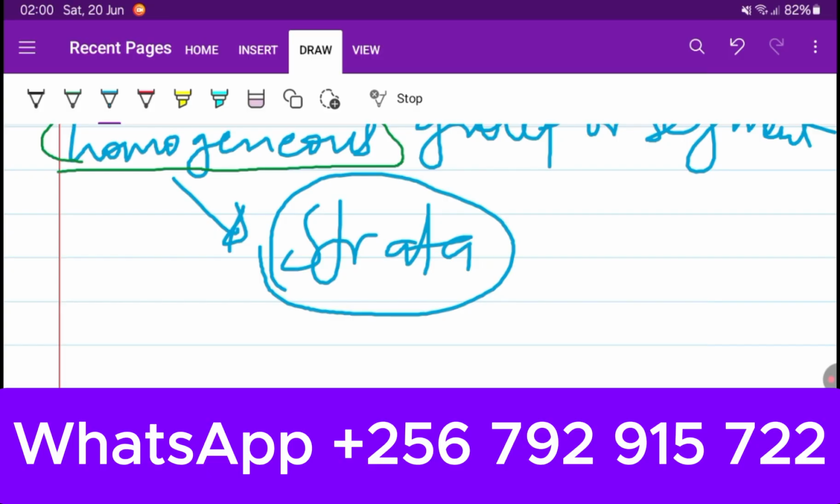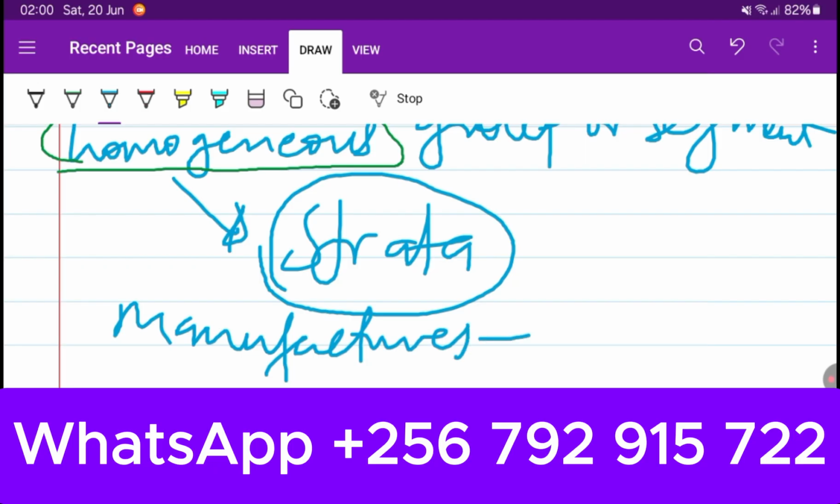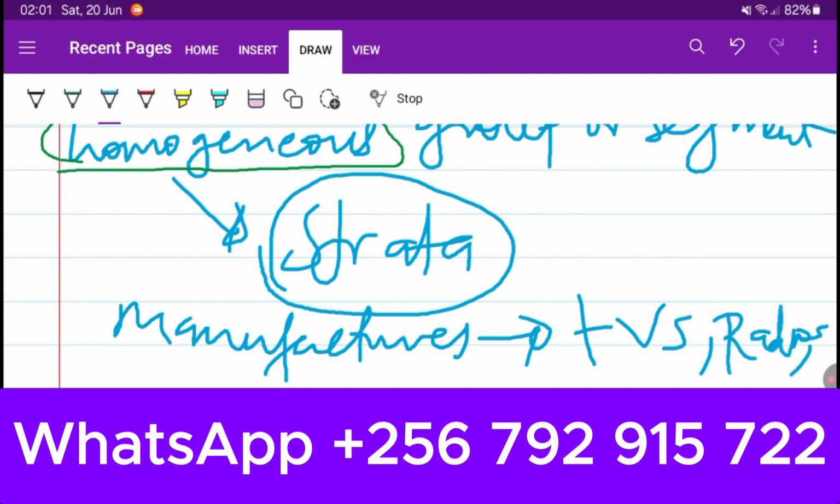Just like, for example, if they are talking about manufacturers, they can take manufacturers of television sets, TVs, those manufacturing radios, those making cameras.